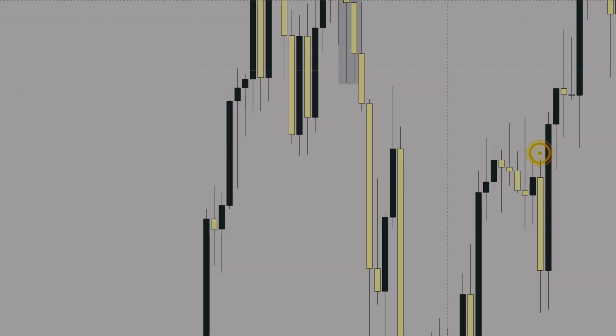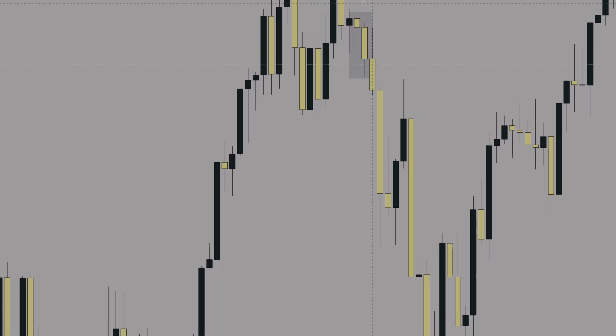So we had the engulfing, came down, we had an engulfing on this area of resistance. We came down, and then hit a level of resistance here, and created another bearish engulfing pattern, right?